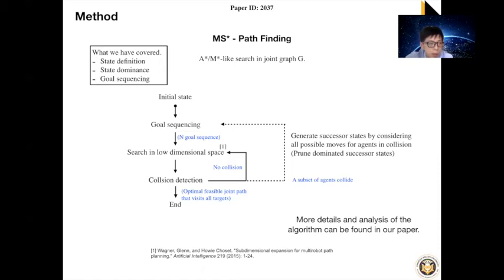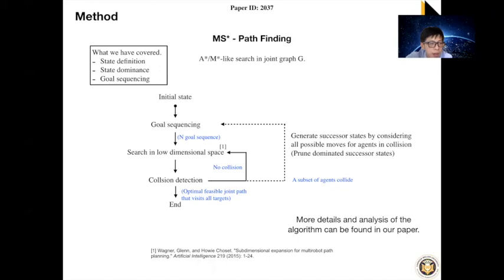Then with the computed goal sequences, a low-dimensional search space can be constructed, which is basically the shortest path for each agent to visit the assigned goals in order, ignoring any other agents and any potential collisions between agents. Then the algorithm will keep expanding states within this low-dimensional search space unless a collision between a subset of agents is detected.